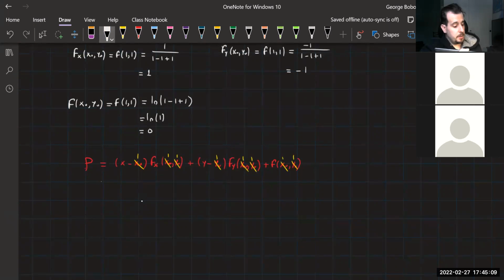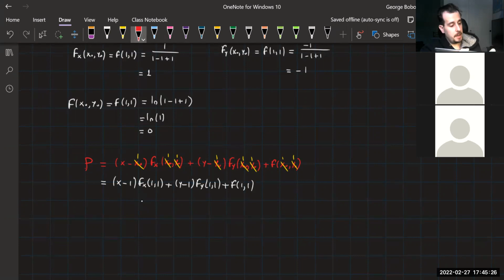Okay, so you go to the next step. You got x minus 1 times fx at (1, 1), plus y minus 1 times fy at (1, 1), plus f(1, 1). And now you bring in, of course, the values from here, right? You bring in the values from these guys to fill these. These were 1, negative 1, and 0.